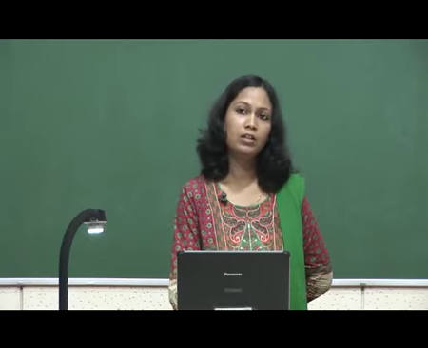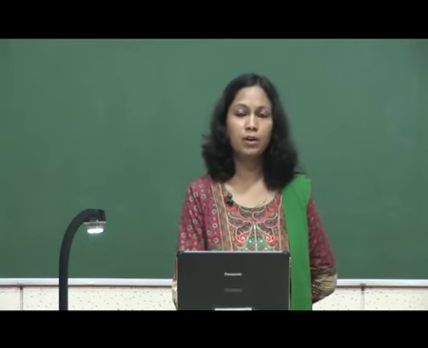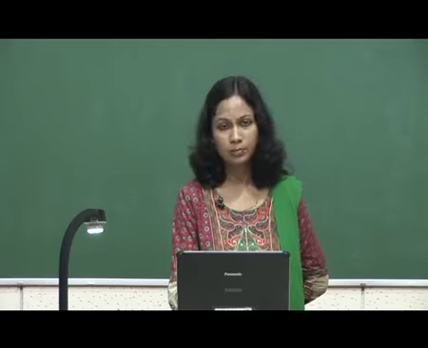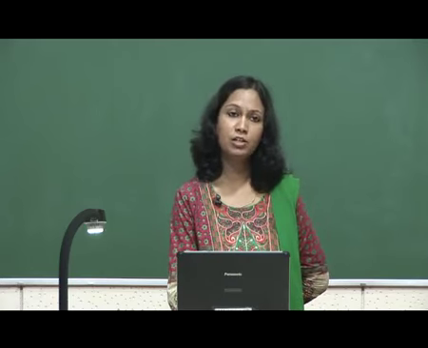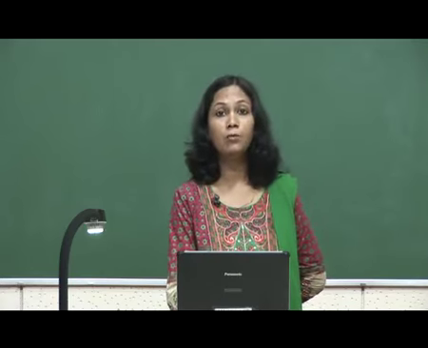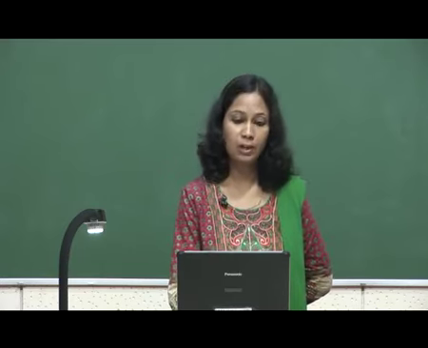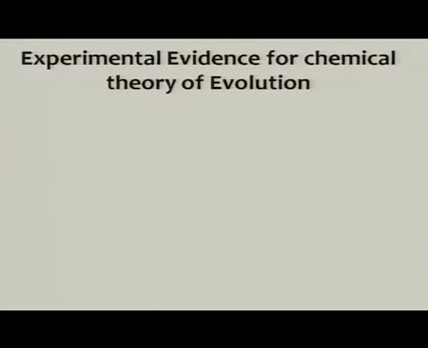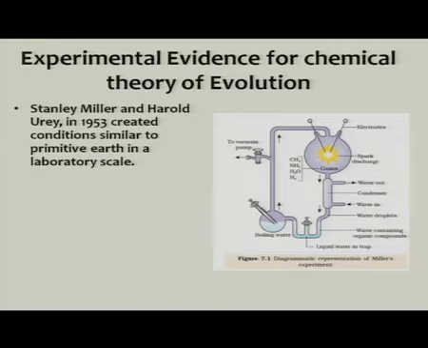As we know that the earth was very different from what we know today, and the conditions were quite appropriate for the chemical evolution of life to take place. But this was supported by an experiment which was done by Miller and Urey. Stanley Miller and Harold Urey in 1953 created conditions similar to the primitive earth on a laboratory scale.